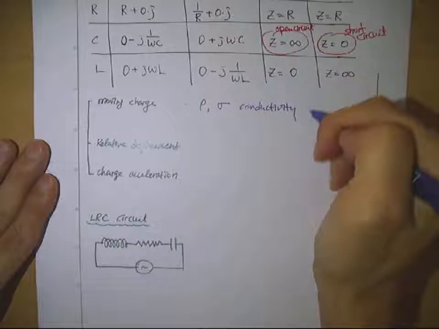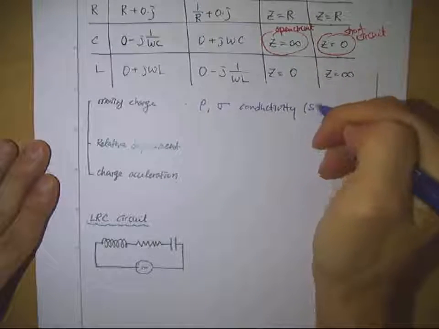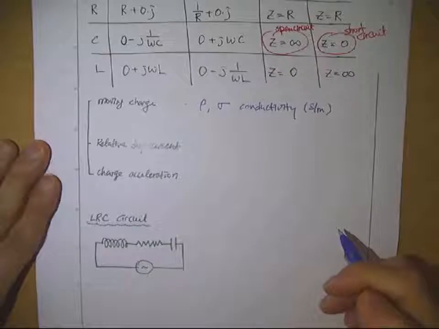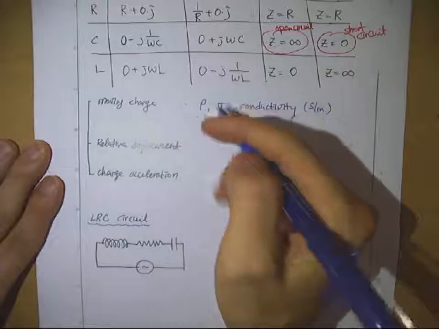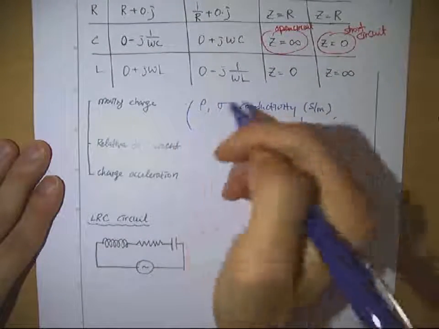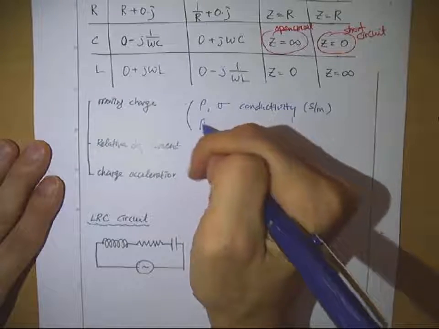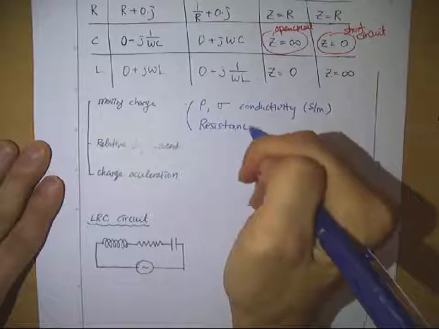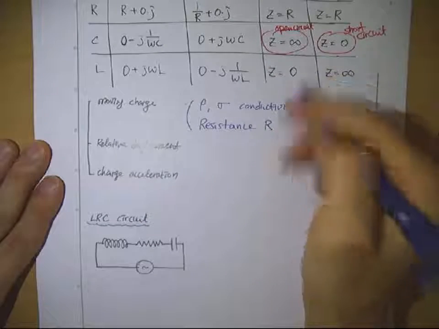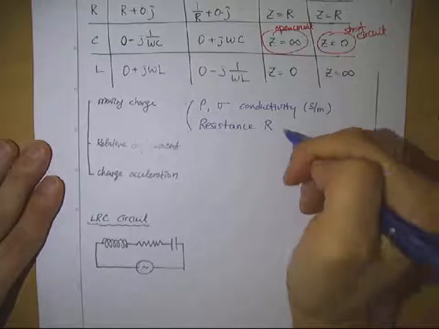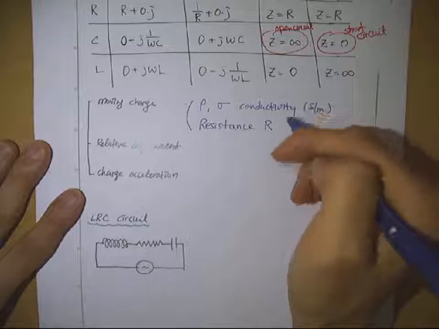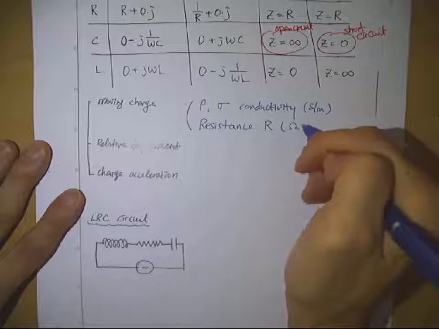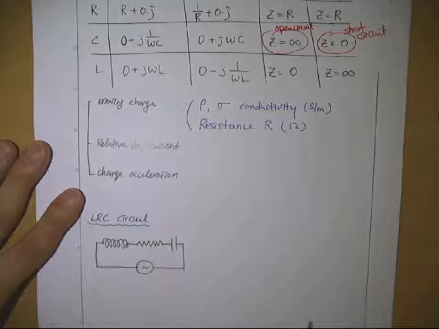The unit for conductivity is Siemens per meter. And resistance R is the equivalent circuit element. This has the ohm for unit.